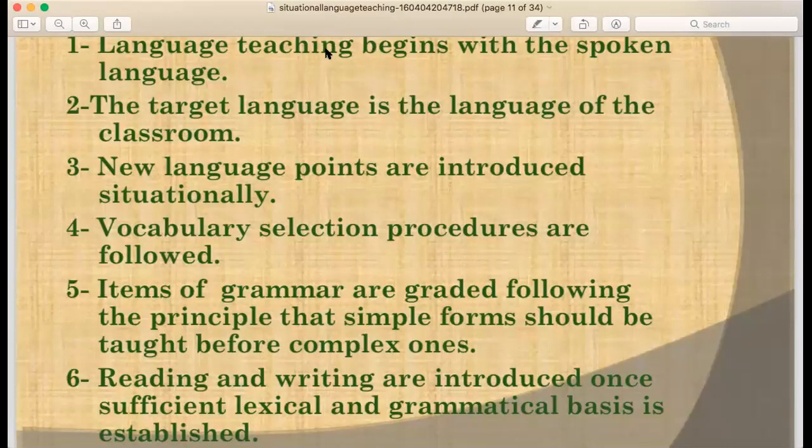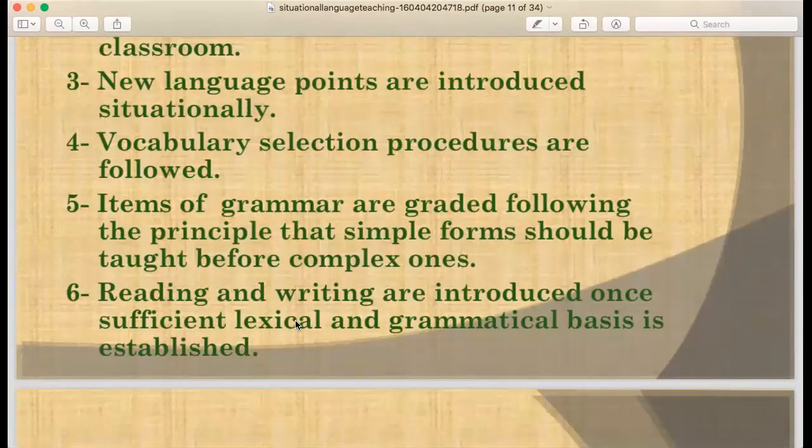By gradation, what is meant is that it is going to organize the grammar. The simpler structures would be taught first, and then the lessons would move to a little more complicated structure. But teaching would never be random in this method, okay? And this method being organized is the differentiating factor between this method and the other methods, okay?